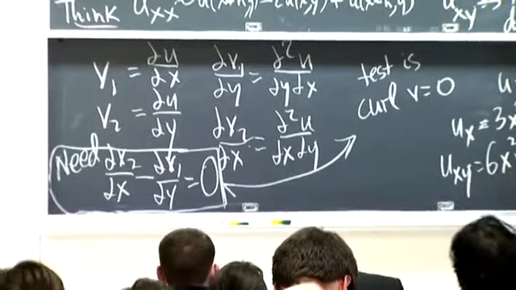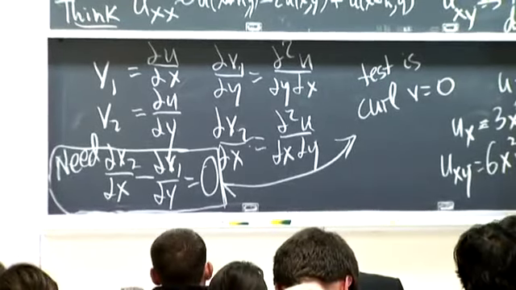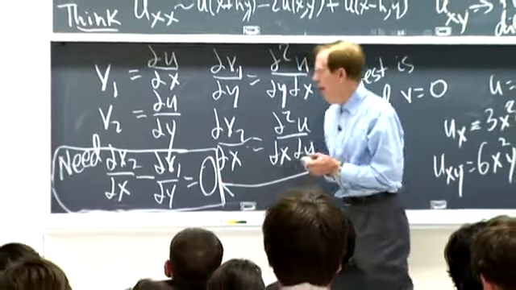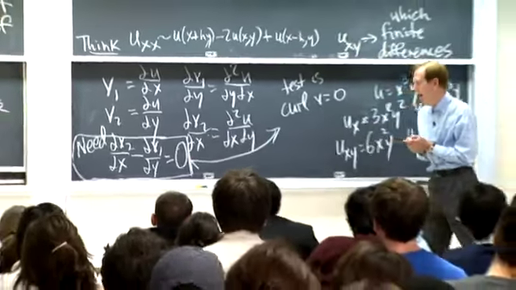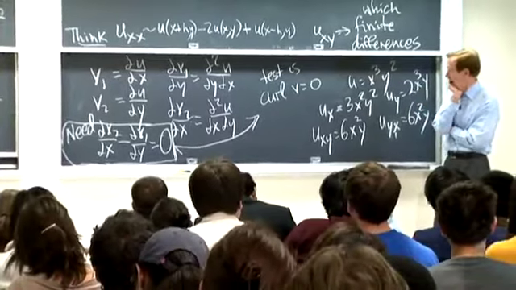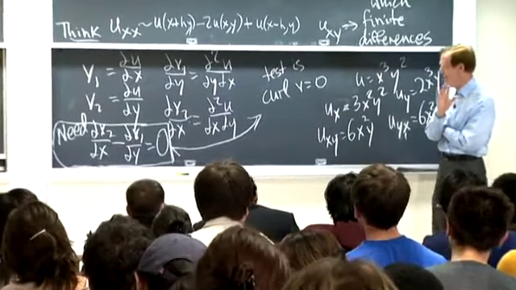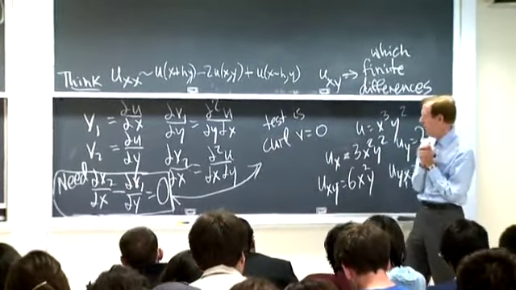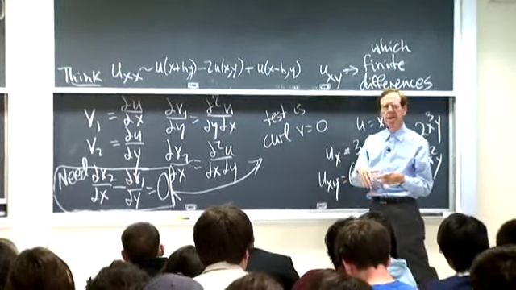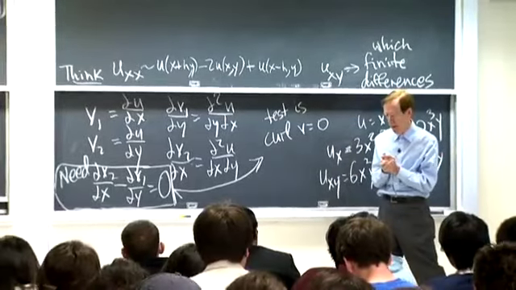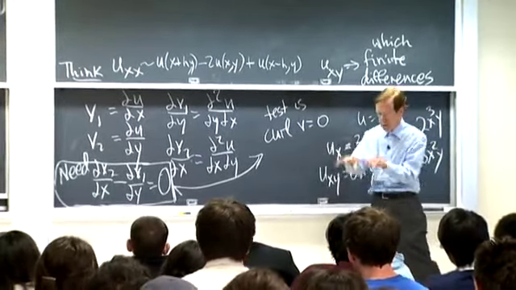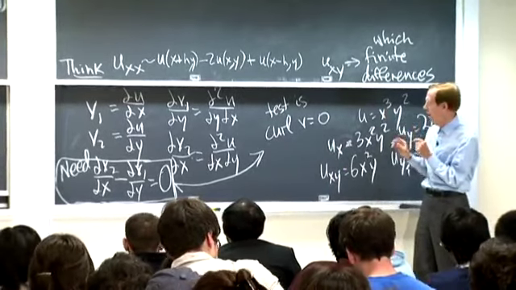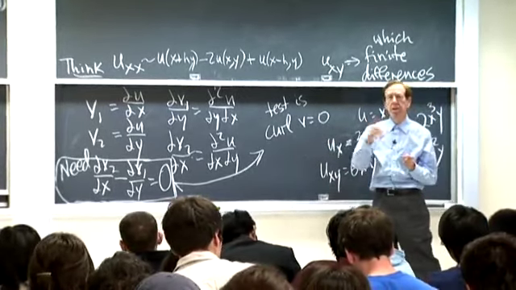You're going to say, wait a minute. I learned about curl, and that doesn't look like the curl to me. So I'll say, wait another minute. It's not that far off. Okay, what's your objection? Your objection is that the curl is in three-dimensional space, right? When you saw curl, and of course it comes in this section of the book, we had functions of x, y, z.